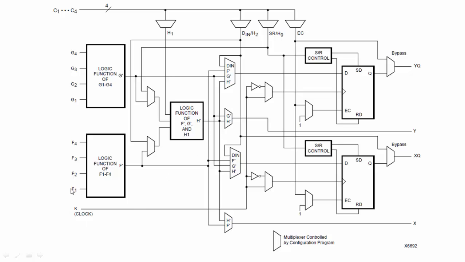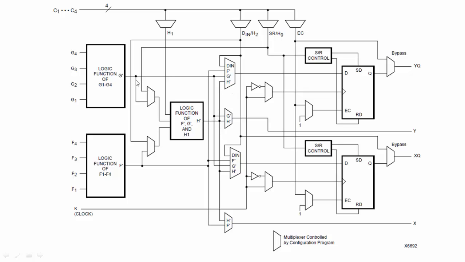This function generator performs merely any operation. Now the output H dash along with G dash is available here. These G dash, F dash, H dash are available in these mux. You can see these 3 muxes, actually the 4 mux, this H dash, F dash, D in, F dash, G dash, H dash, and so on.